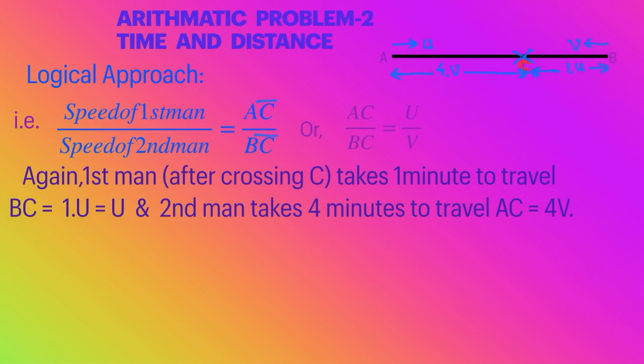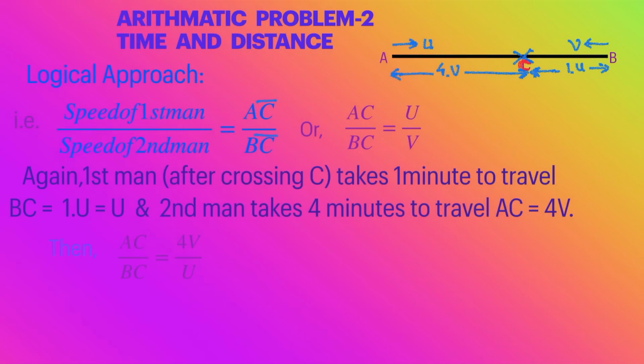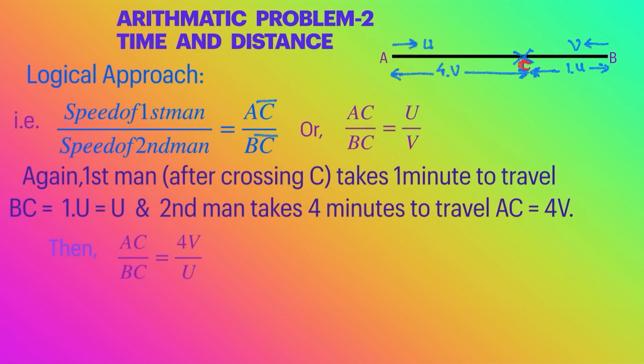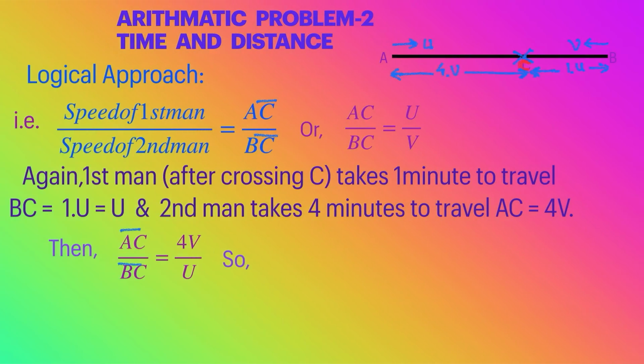So now here AC by BC will be equal to clearly 4V by U, and this is the second secret relation or equation.